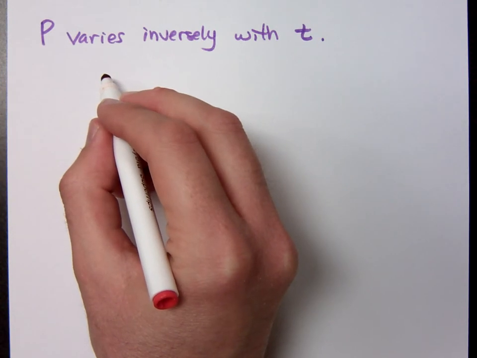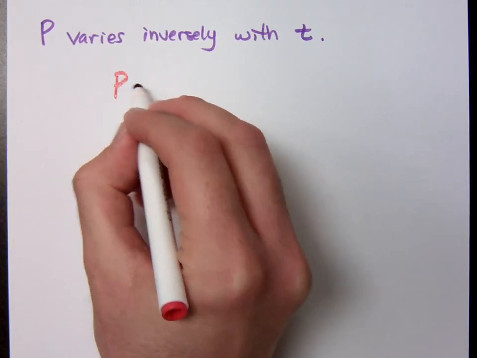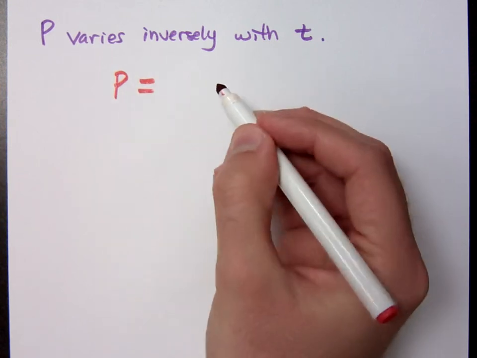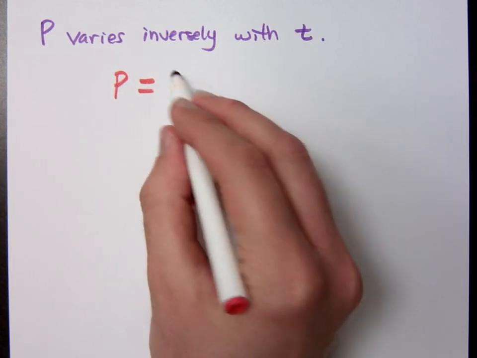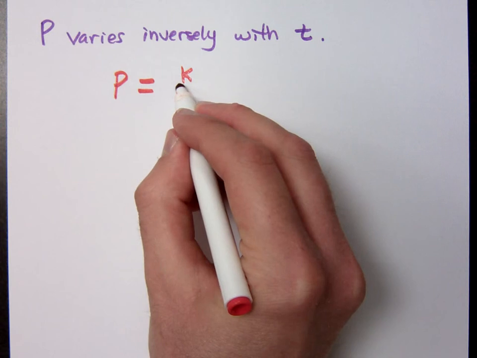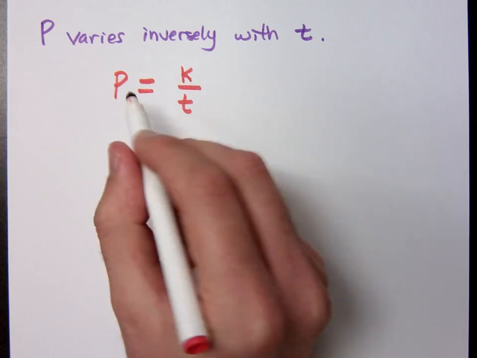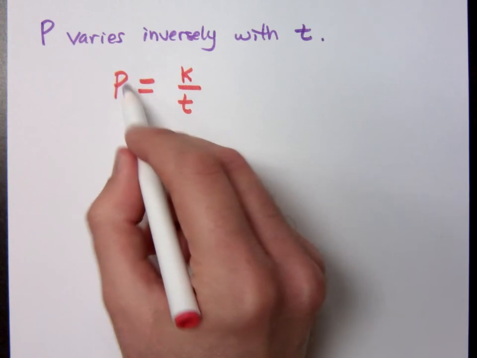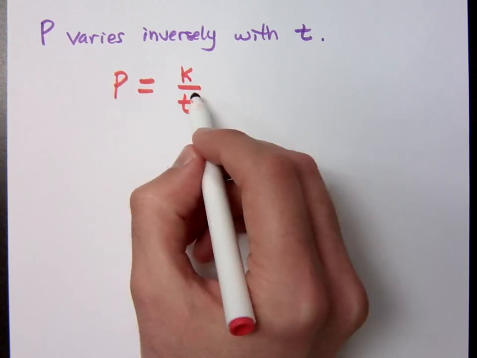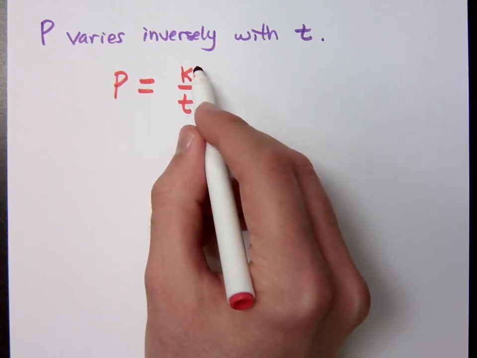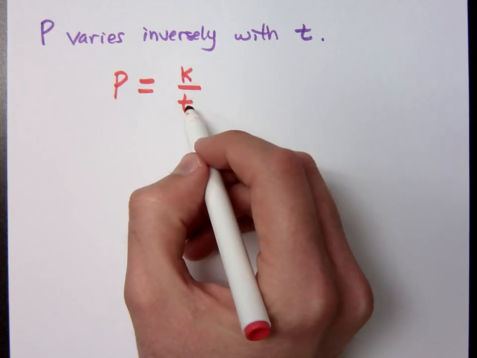That's just your basic form. So P is connected to the variable t, how? As k divided by t. P, that varies inversely, is where you got to start putting your equal sign. Inversely tells you have division. Constant variation over the variable t.